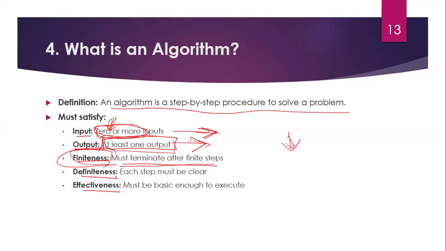The next thing is definiteness. It means each step must be clear. If we are finding a solution for a problem, all the steps should be clear for us. Without clarity, we cannot solve that problem. Let's think of maths questions.